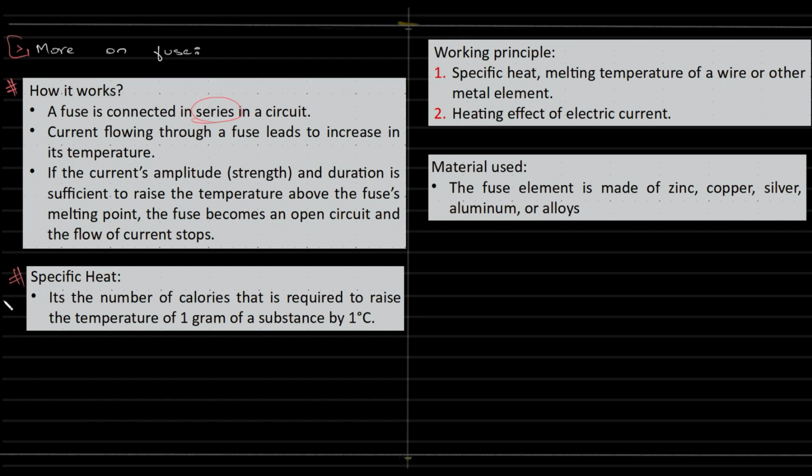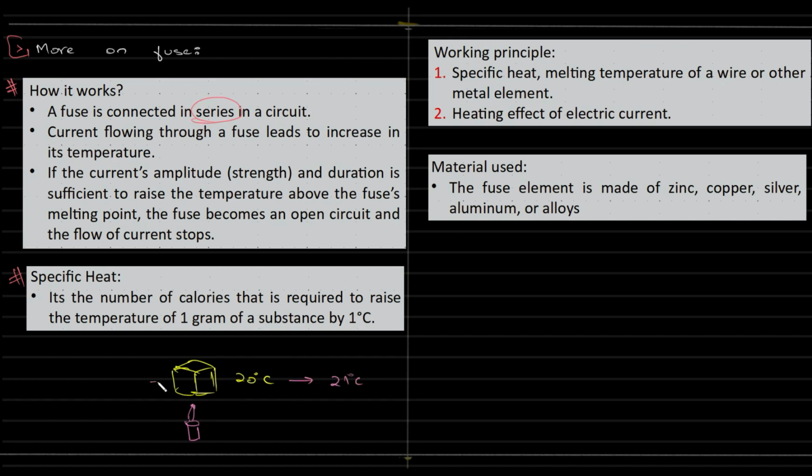So basically, to make use of any given material as a fuse, we need to understand something called specific heat. So what is this specific heat? Say a given material is at 20 degrees Celsius. If I start to heat it, and its temperature rises to 21 degrees Celsius.